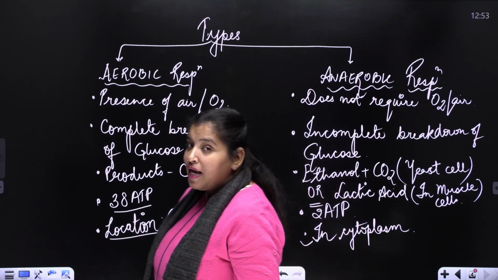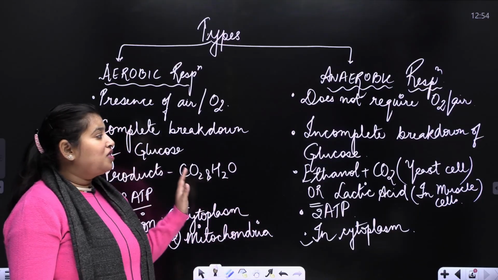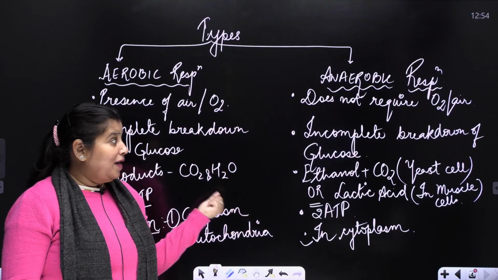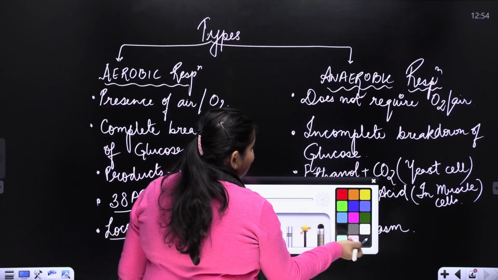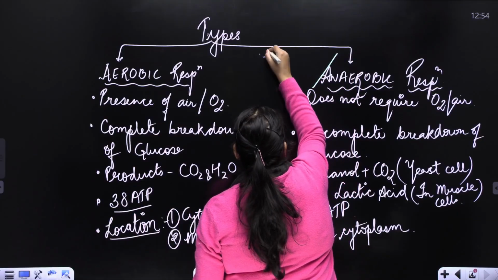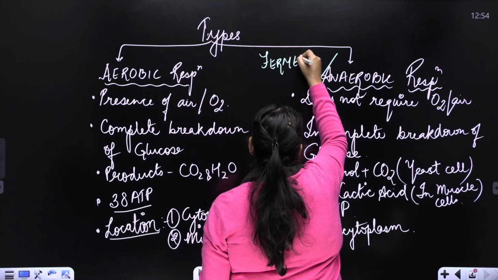So these are two types of respiration, aerobic and anaerobic, which take place in organisms. All right. Now, one thing again you would note here is that anaerobic respiration is also known as fermentation.